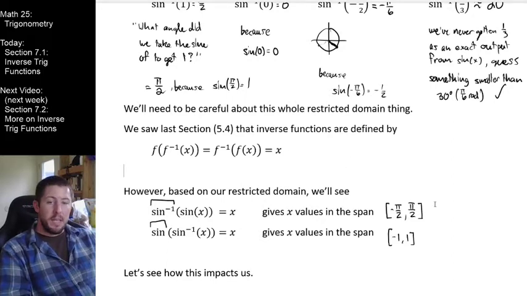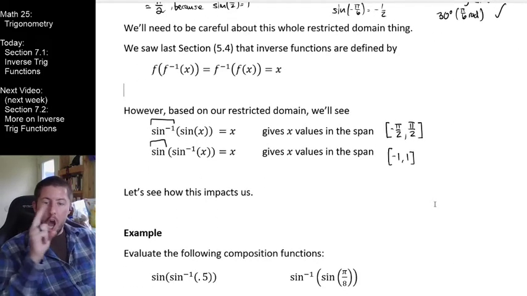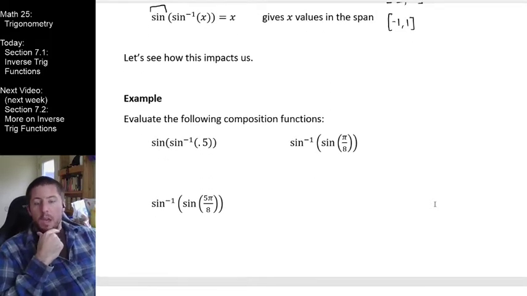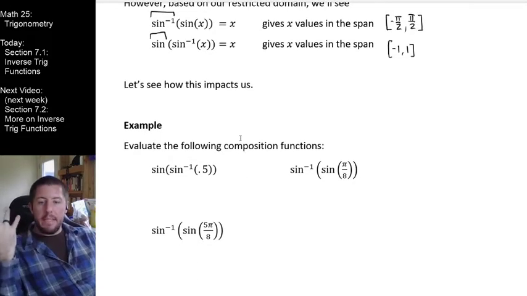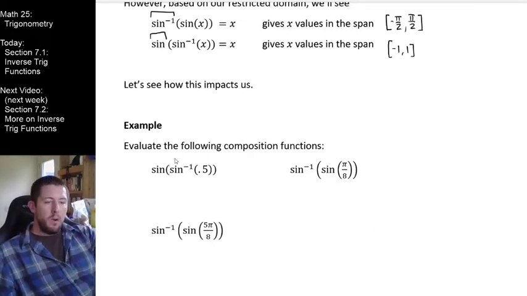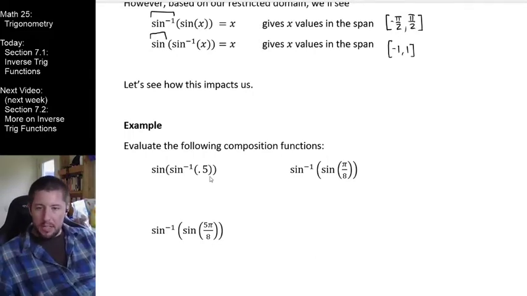So let's see how this impacts us. This is now our sort of tricky examples right here. Right? So sine of sine inverse of 0.5. Now, in this case right here, what I want to say to myself is, oh, we're just going to cancel sine and sine inverse and just get 0.5. We're good. We're done. But I want to stop and double check that that's actually legit.